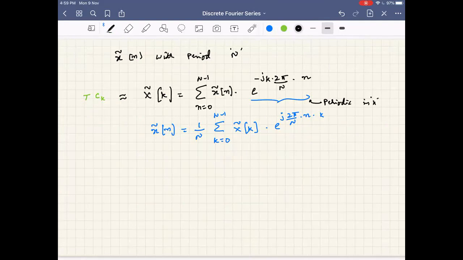What do we mean by that? Say if we denote these discrete exponentials as, say, w sub k of n, or e power j k into 2 pi by N into n.